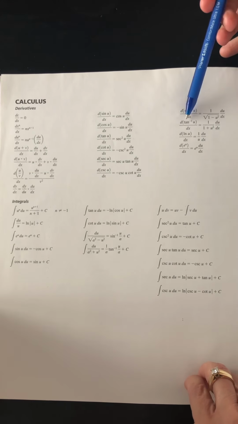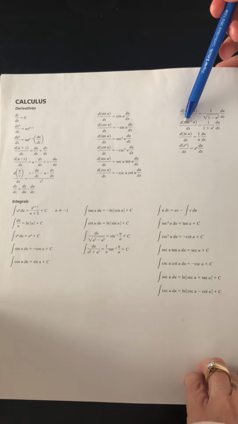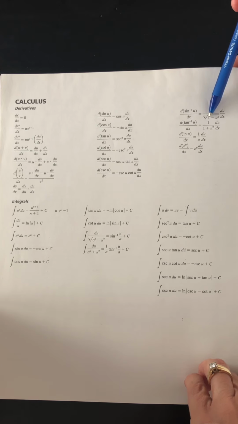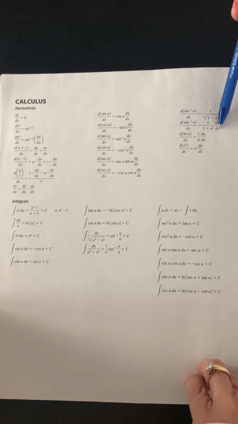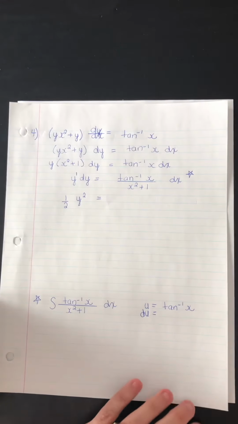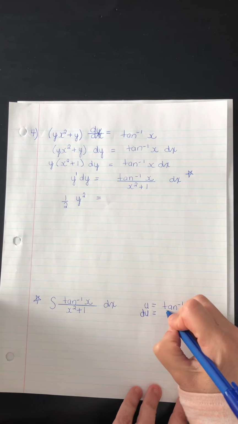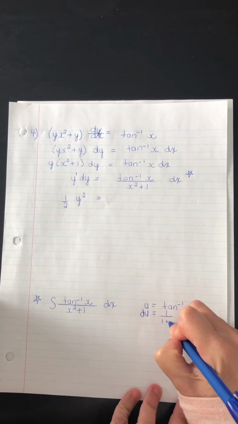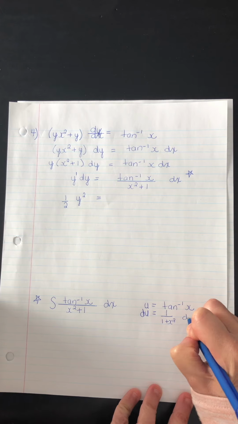And in fact, it's here. So the derivative of the tangent inverse of x will be 1 over 1 plus x squared. And then this is just dx over dx, which is 1, okay? So we have 1 over 1 plus x squared. So du is 1 over 1 plus x squared dx.